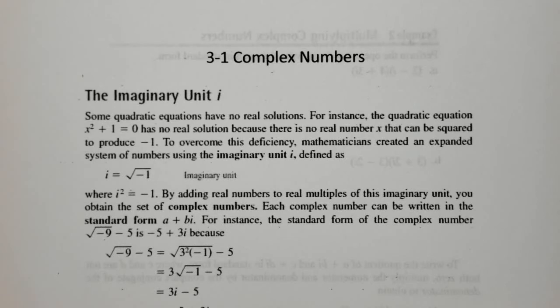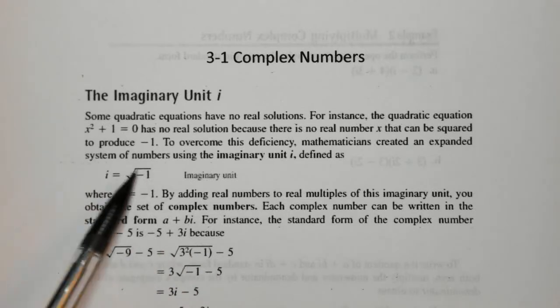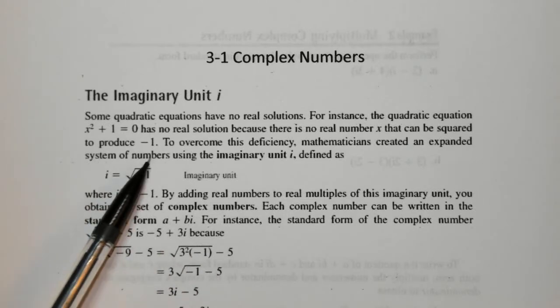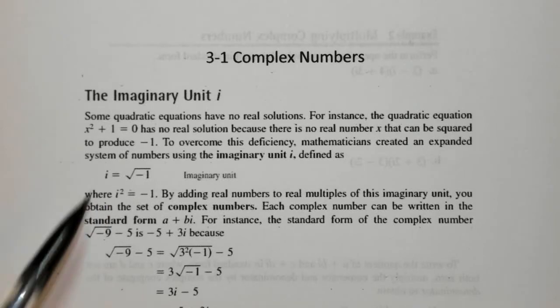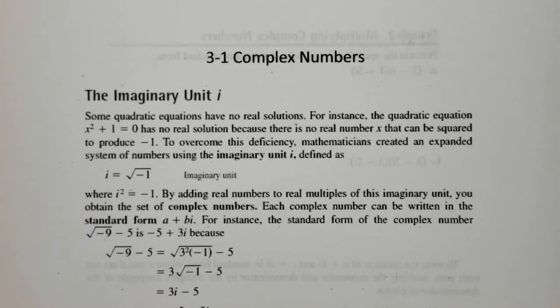And so it goes on to talk about how there is no real number x that can be squared to produce -1. And so mathematicians have created an expanded number system using the imaginary unit i. And i is defined to be equal to the square root of -1. All right?